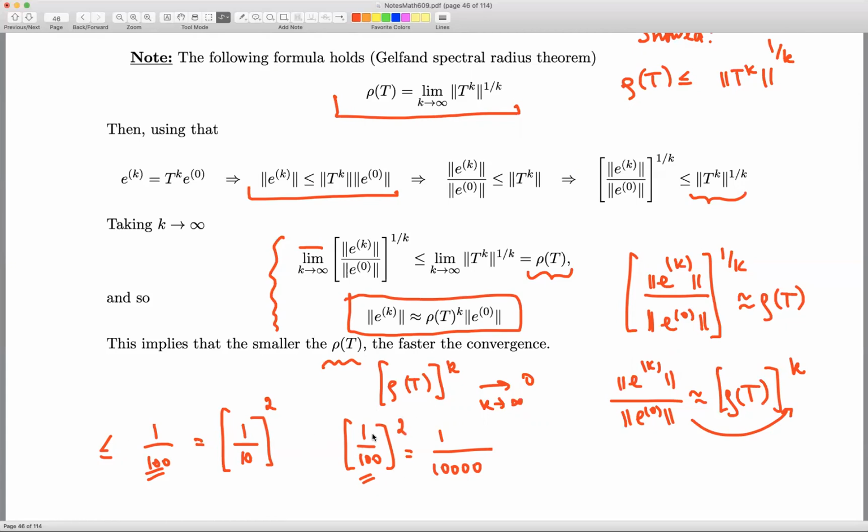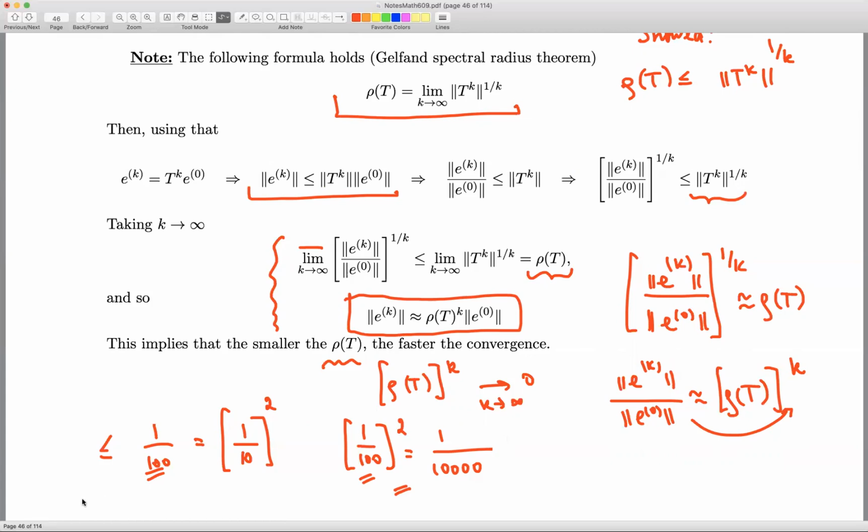And if rho of t was 1 over 100, then the error at the second step behaves like 1 over 10,000 times some constant, and therefore this error estimate will be much closer to 0 than this number here.